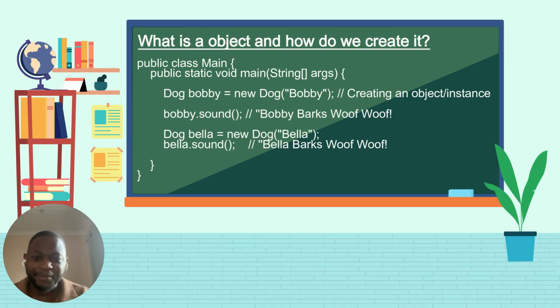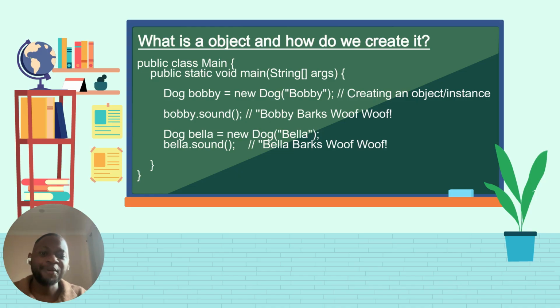Secondly, we have the dog reference again, bella is equal to new Dog, creating our object. We pass in Bella as a string, and once we say bella.sound, we're calling the sound method, and it will print out Bella barks woof woof. Methods are usually to do stuff, and here we're making a sound.